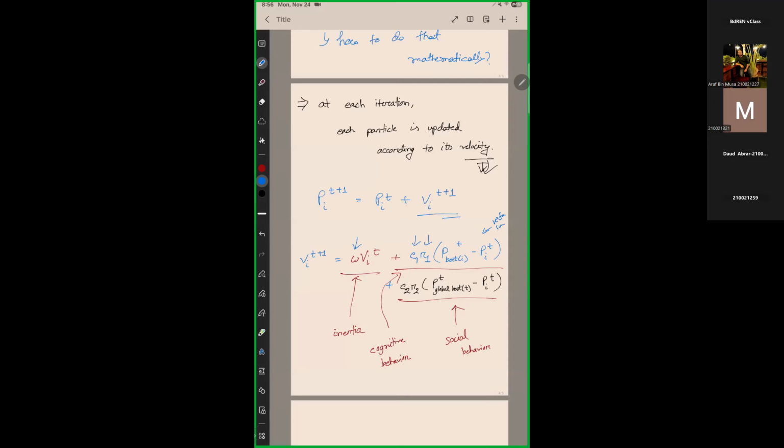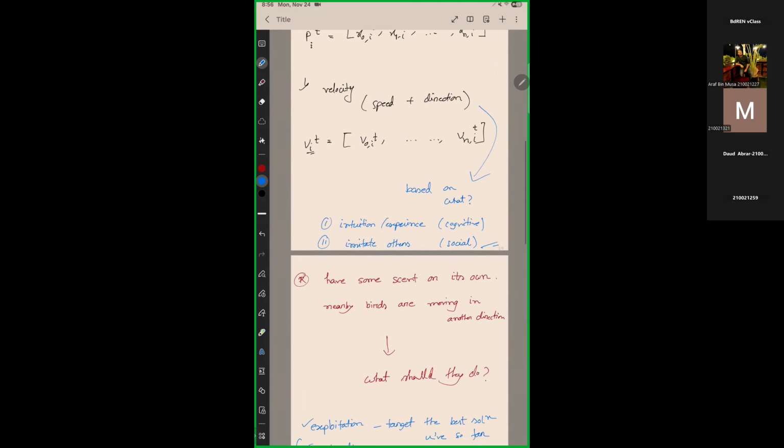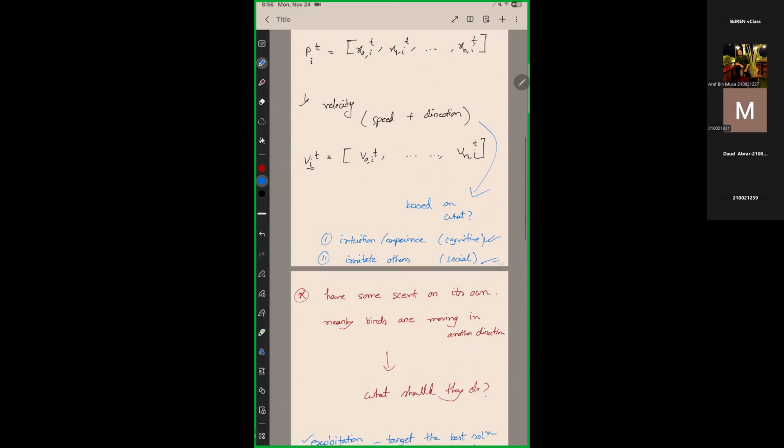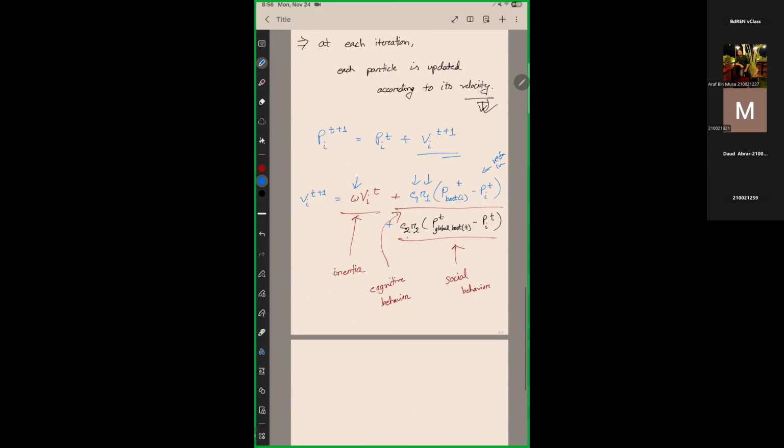Are you following? This will move you towards the current best position from your surrounding. That's the cognitive behavior I mentioned earlier. Intuition or experience.